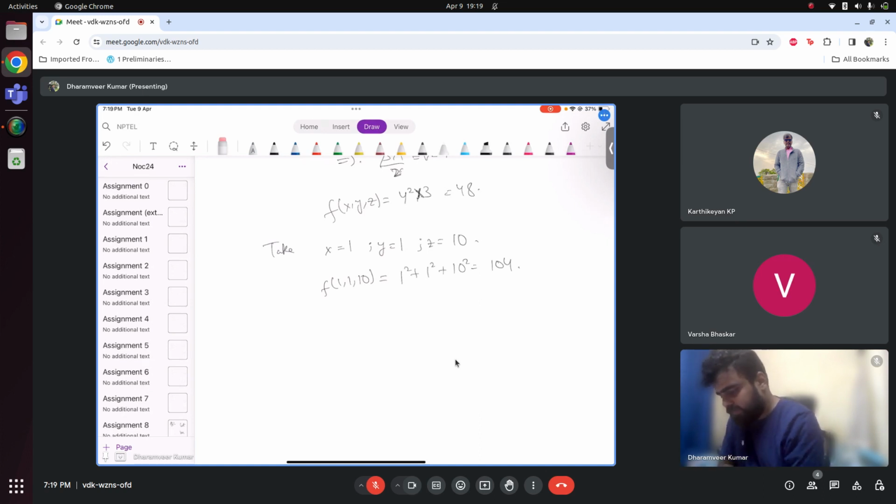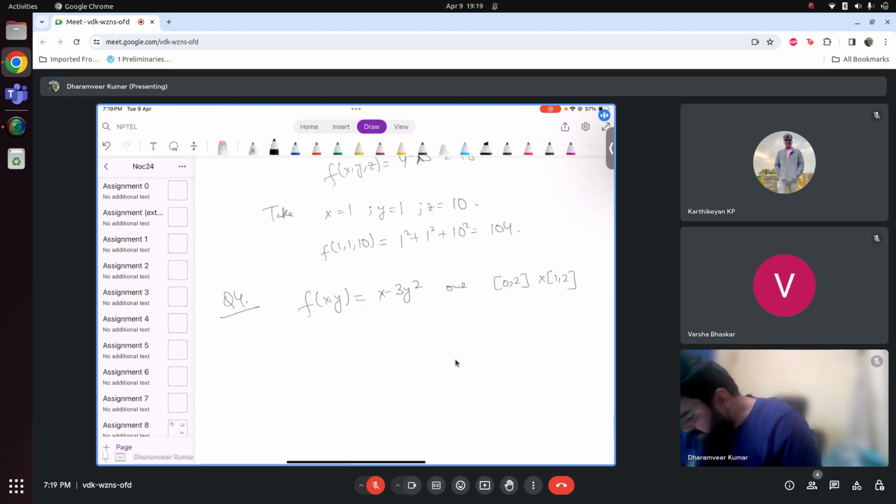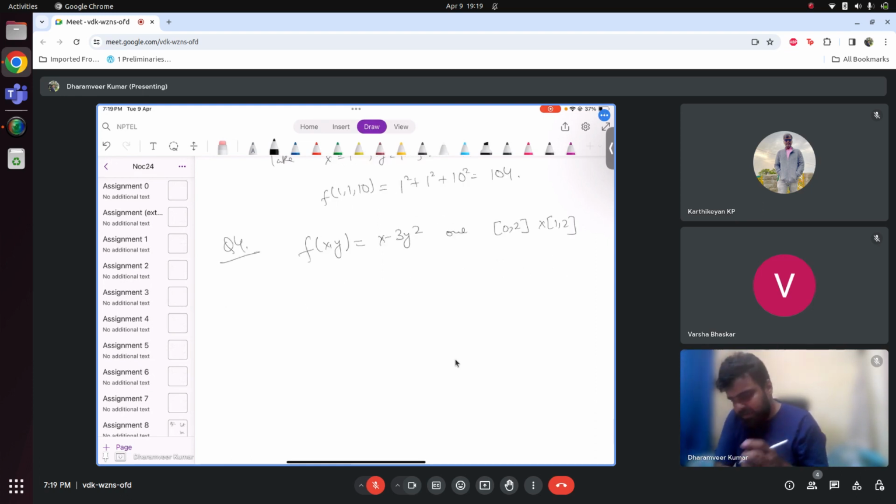Okay. This is the function over, what does it mean?